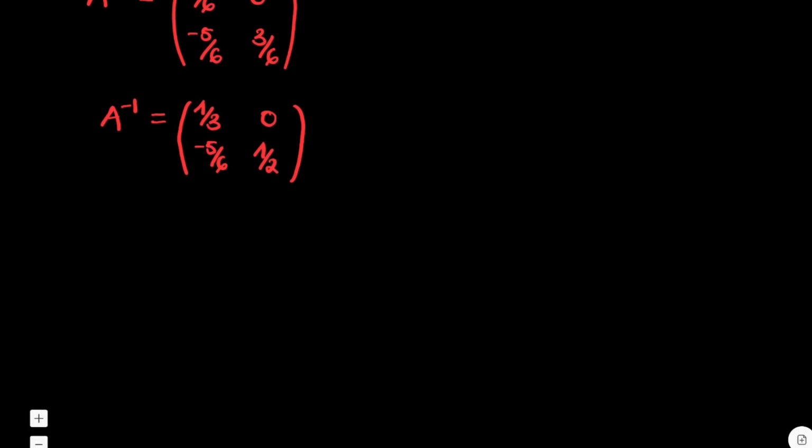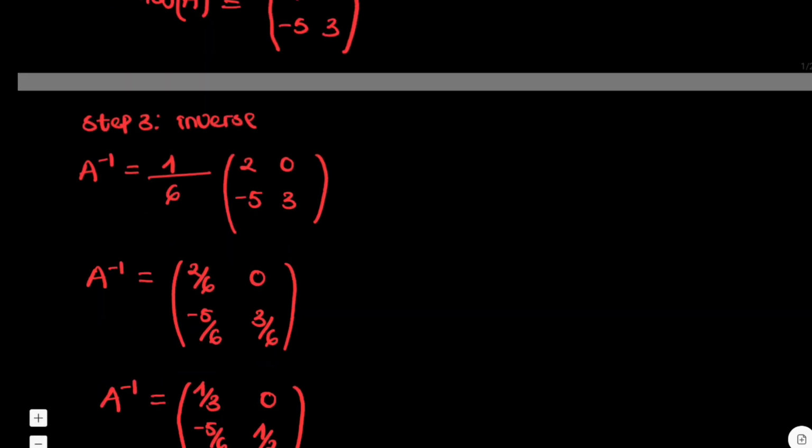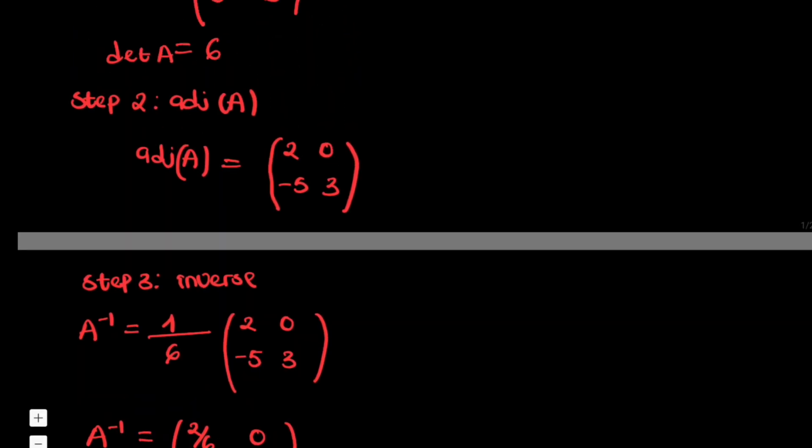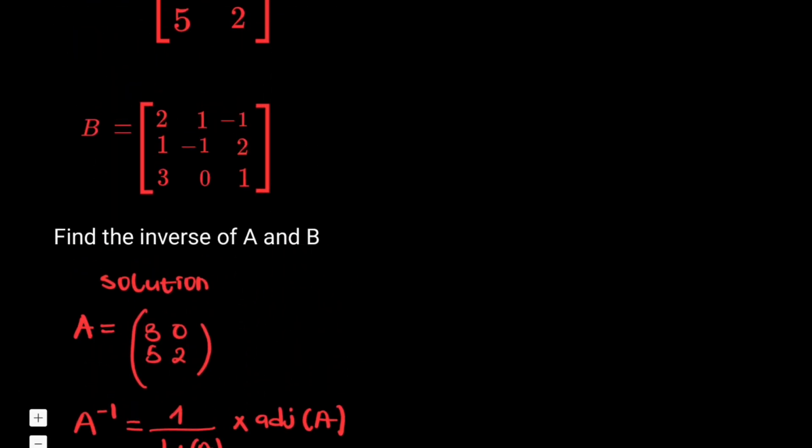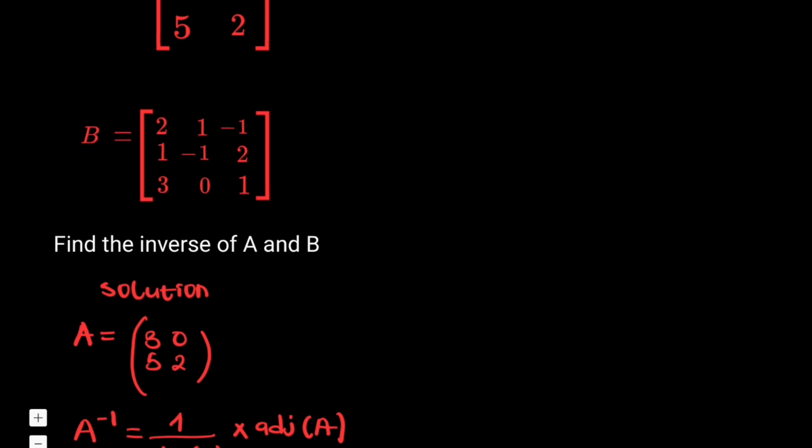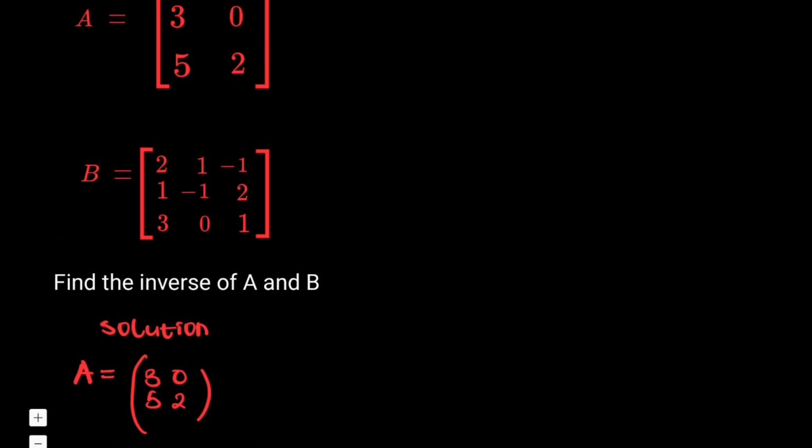But this is only for a 2 by 2 matrix. For a 3 by 3 matrix, it is longer and more complex. So let's go. Now let's have our 3 by 3 matrix.